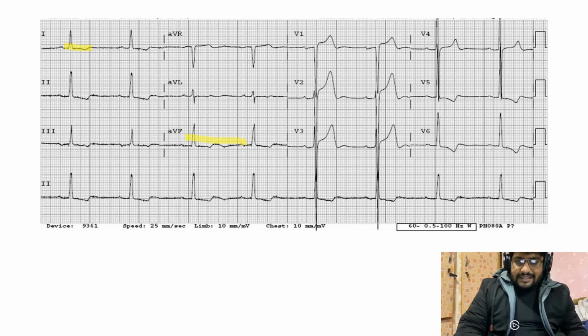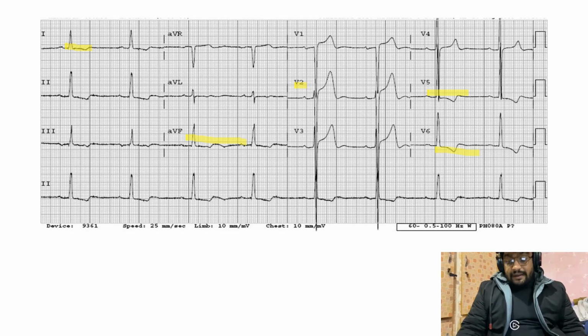If we see here in V2, there is a very deep S wave, almost 11 large blocks. So this is telling us that there is left ventricular hypertrophy. Another point to note here is you see the same ST segment depression and T wave inversion pattern in 1 and AVL as well.